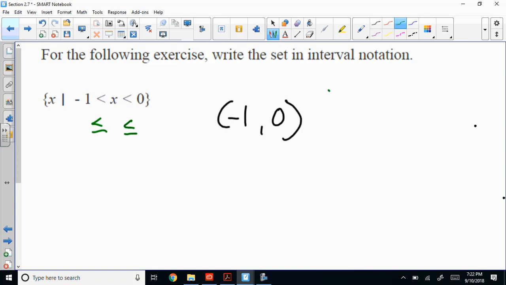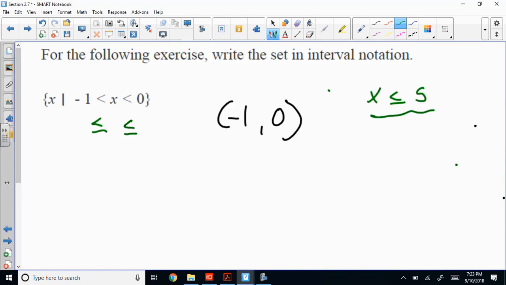So what if it has something like that? All right. So this is values... what is this saying? Okay, so that is all values less than or equal to what? How would I notate that in interval notation?